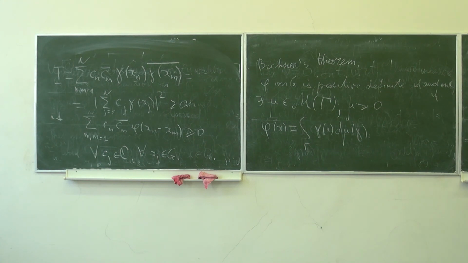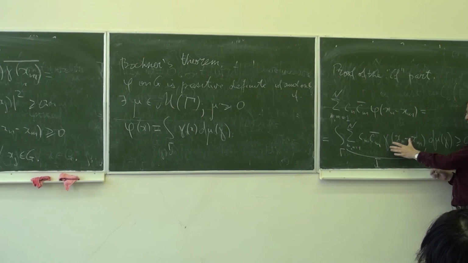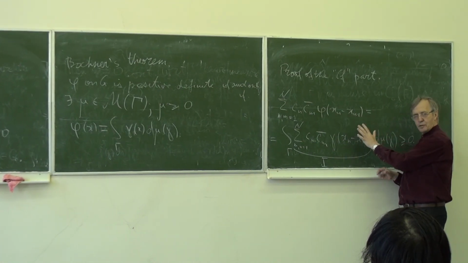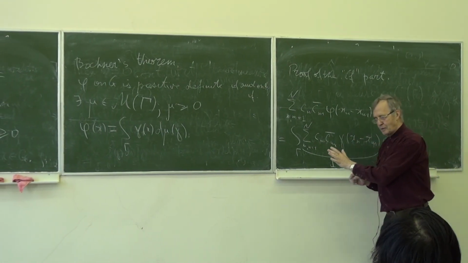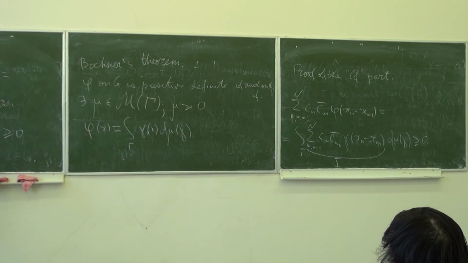Here we simply showed that when we integrate some positive definite functions against a measure, we obtain a positive definite function. But the point is that except characters, there are other functions which are also easily seen to be positive definite.